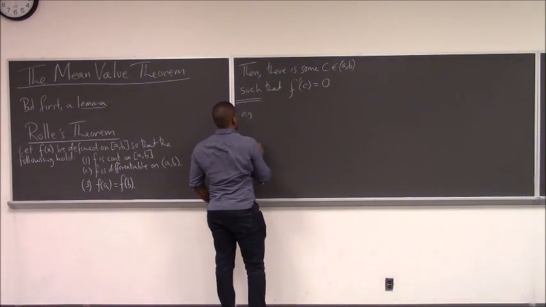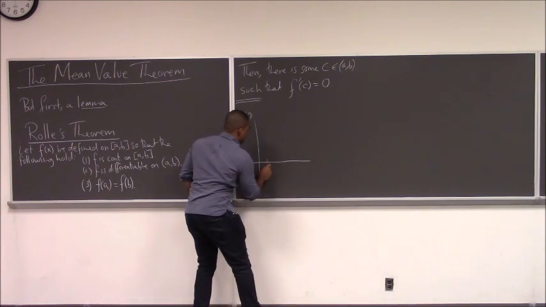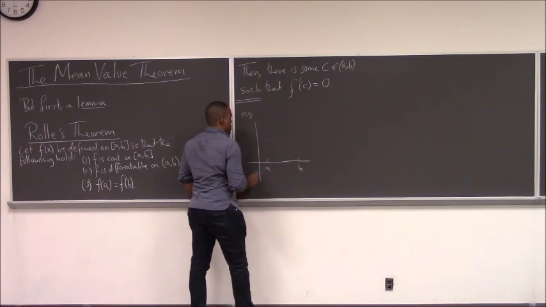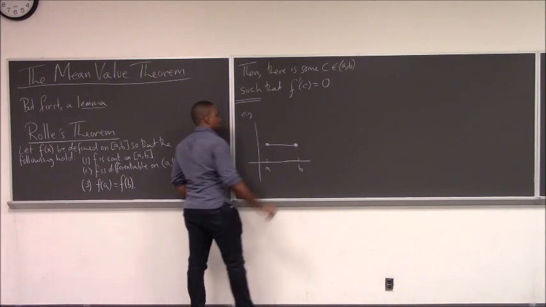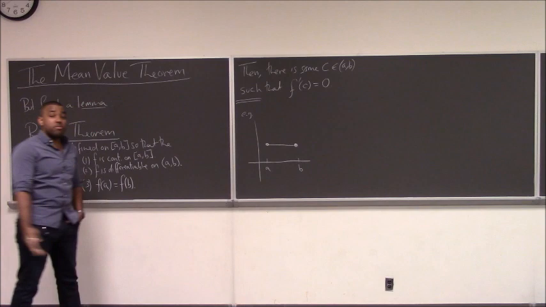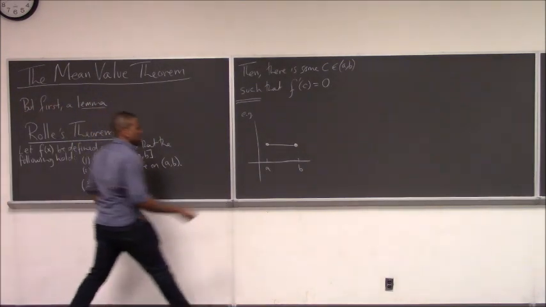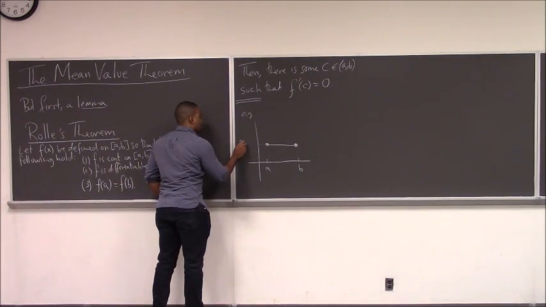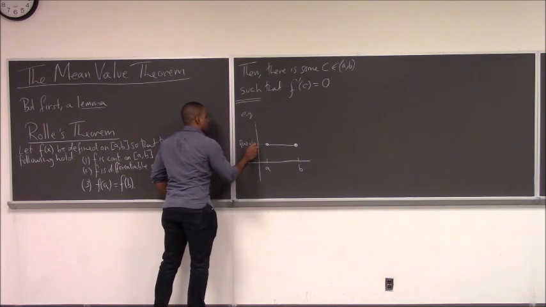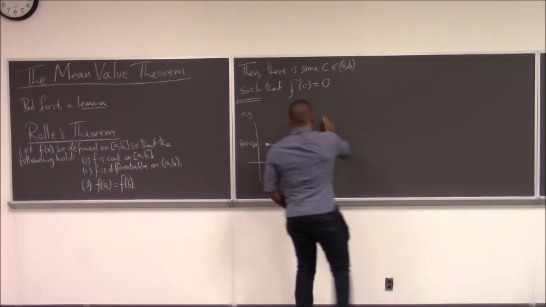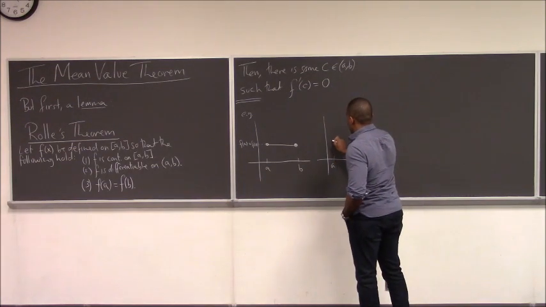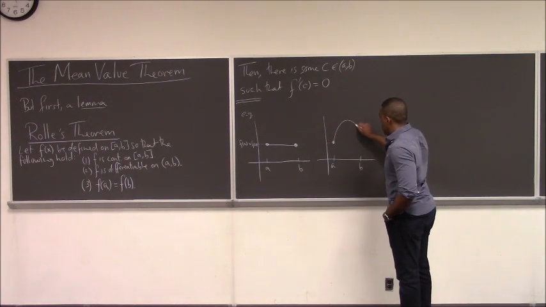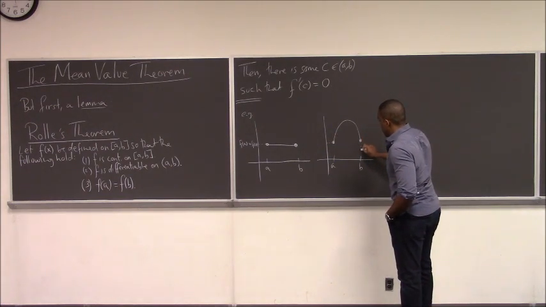Okay? So look at some examples here. You could have, for example, a constant function, in which case any value in between a and b will be the same, right? So this is where f of a equals f of b. Or you can have something like, here's a, here's b, so it starts here, and then it ends here.